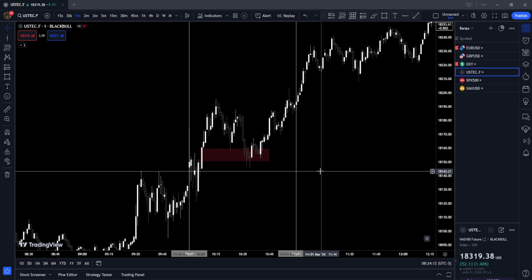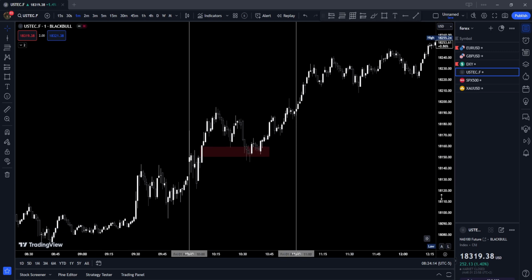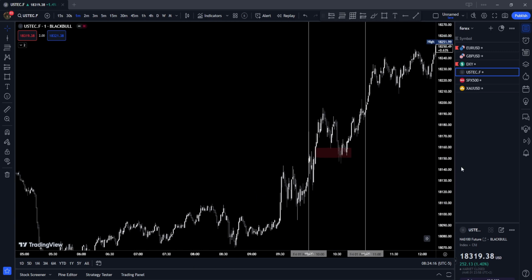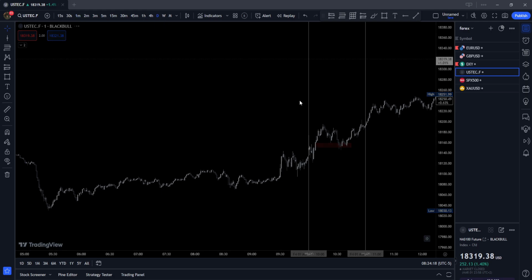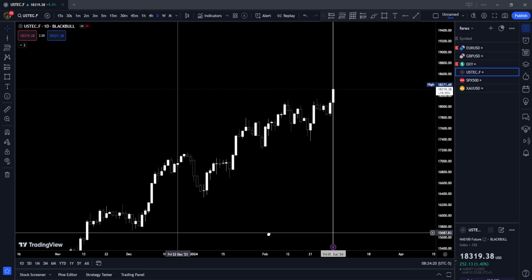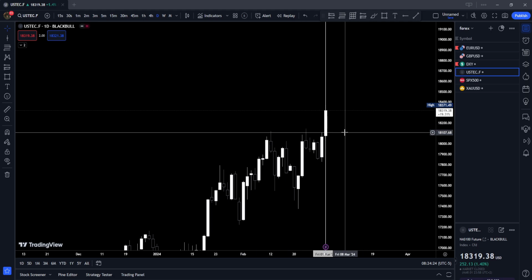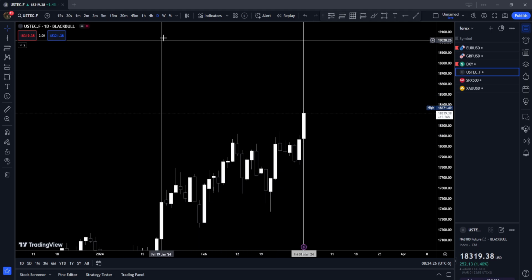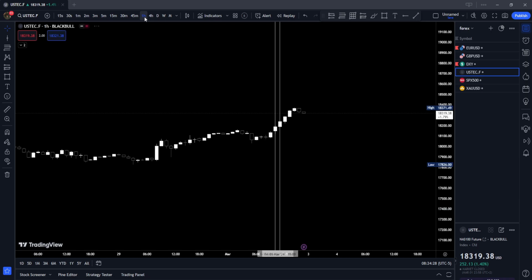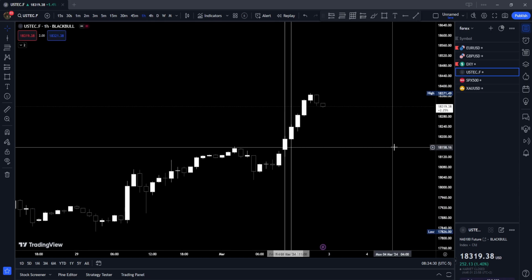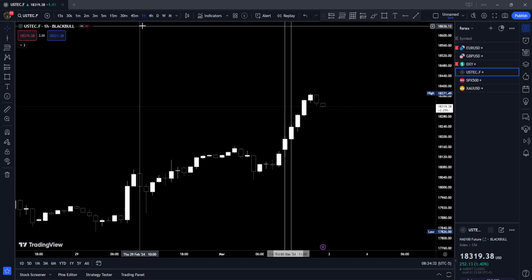In this example, we don't have any daily or weekly targets, guys. We're at all-time highs. NQ is currently at all-time highs. We don't have any higher time frame targets as a draw on liquidity.